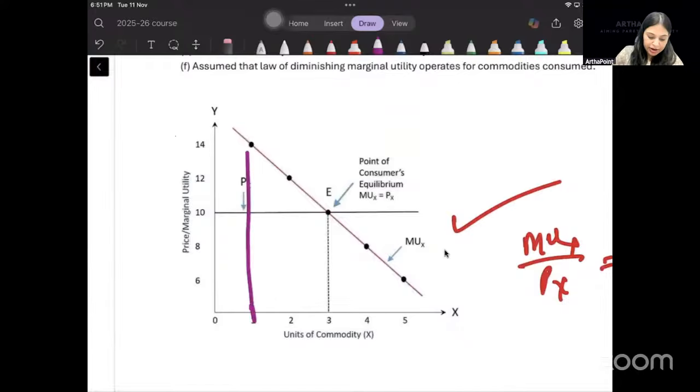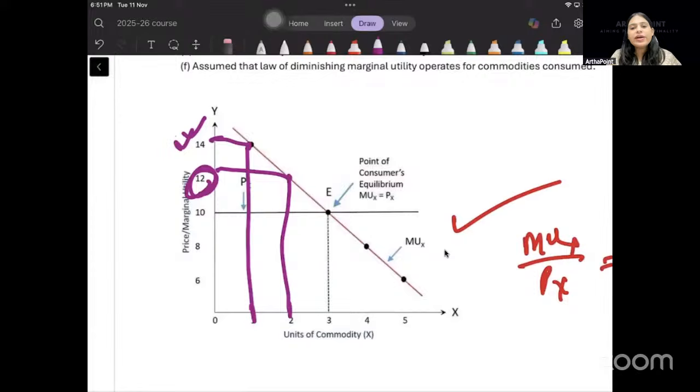The first unit will be demanded because its extra utility is positive. The second unit will be demanded because its extra utility is positive. So in a way, this is also telling me how much I will demand, and when I will demand. In a way, this also represents my willingness to buy a commodity. That is why we take them to be equivalent. That is how Marshall took them to be equivalent.